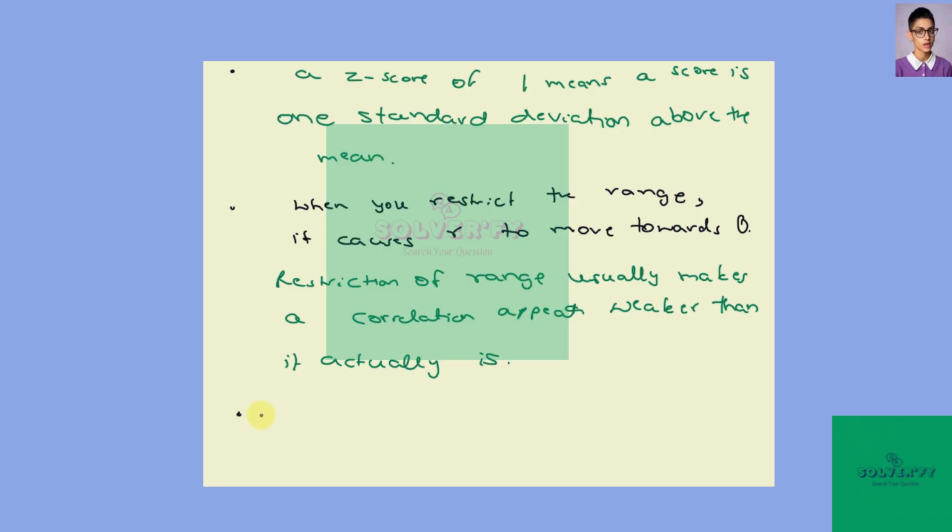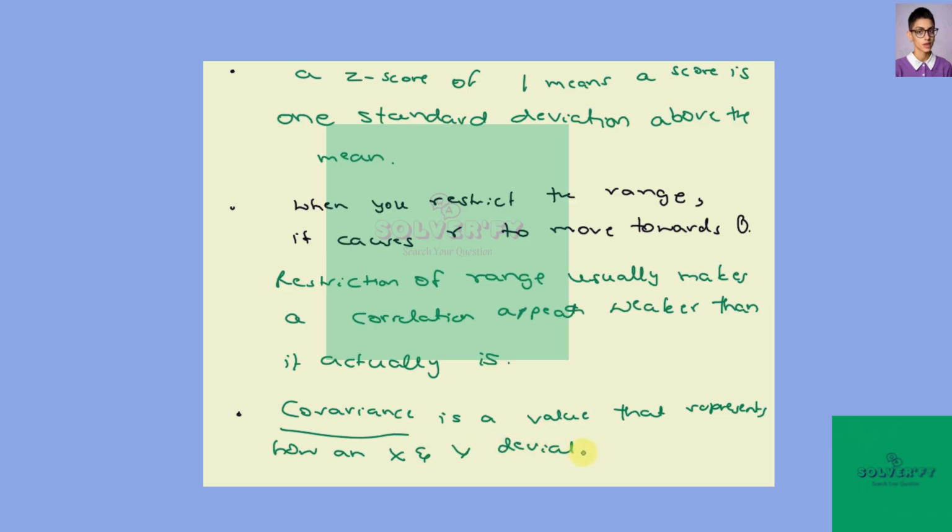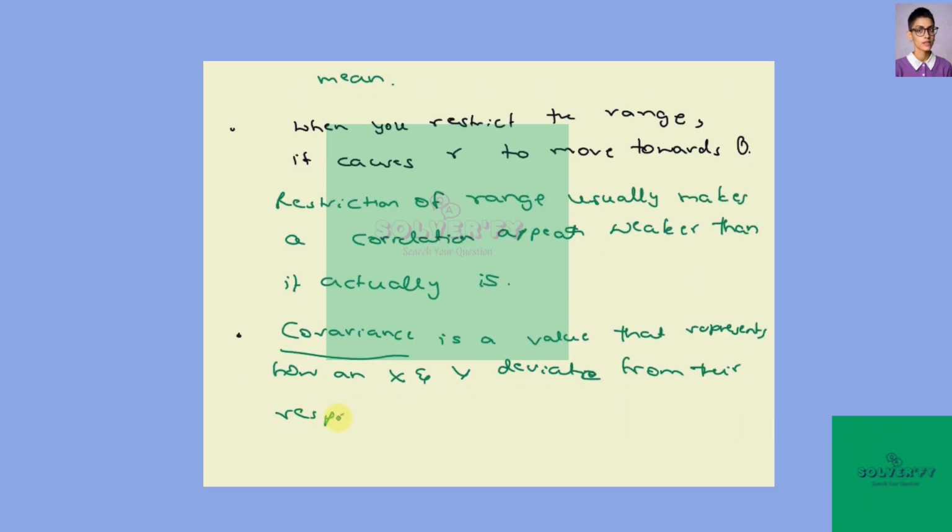And the next one, covariance is a measure of joint probability of two random variables. So, covariance is a value that represents how an X and Y deviate from their respective means.